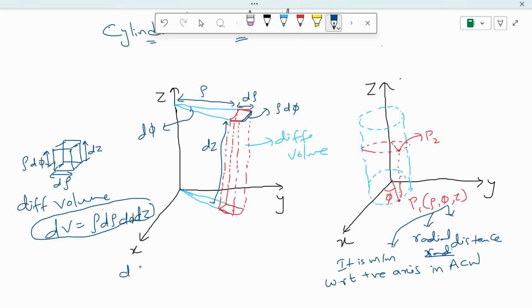Now differential volume is a scalar, but differential surface is a vector quantity.